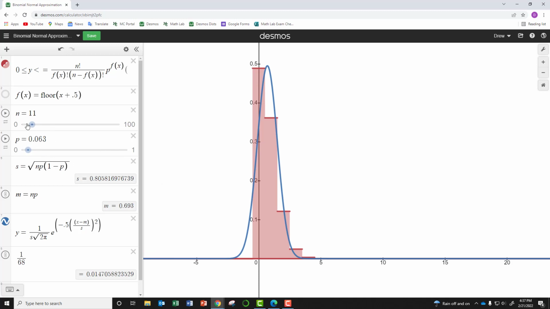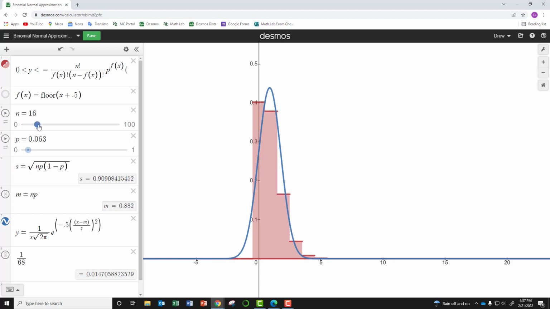So like what we see right now, whenever I have n equals 11 and p equals 0.06, in red, that binomial distribution is right skewed because the mode is 0 and everything else in the distribution happens to the right. But the normal distribution, this blue curve, is always symmetric. The normal distribution can never be right skewed or left skewed, and so you know that this is not a good approximation here.